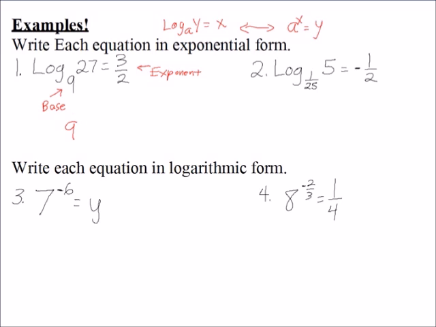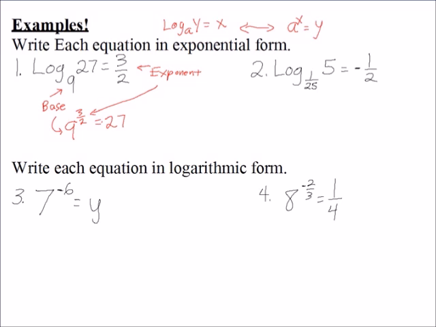And then your exponent is going to be what x is. So here's your exponent. So it's going to be 3 over 2. And this is going to be equal to your y. And here's your y. So 27. Okay. So here's your exponent. And here's your base.